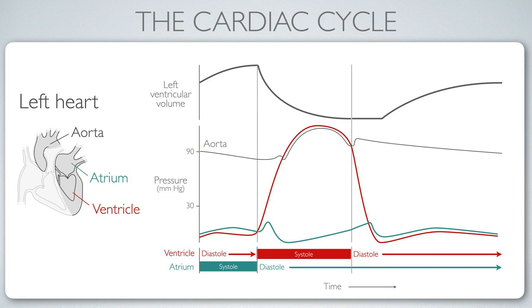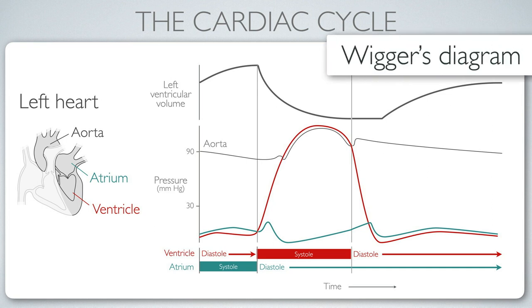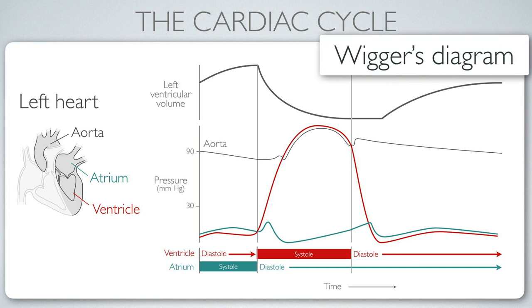This kind of diagram showing us pressures and other physiological measurements as they relate to systole and diastole is known as a Wigger's diagram. Now, one thing that's interesting about the Wigger's diagram is that if we understand when the valves are open and closed, then we can infer blood flow because we know that fluid will always move towards low pressure.